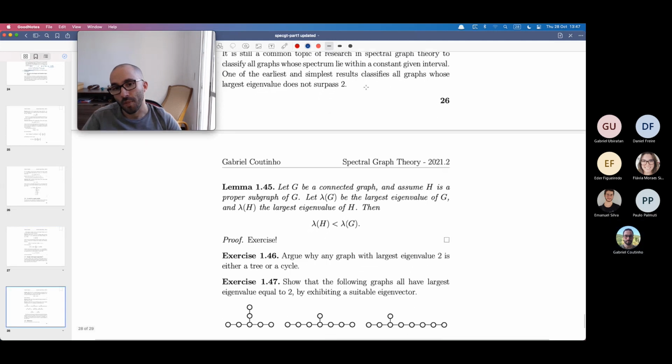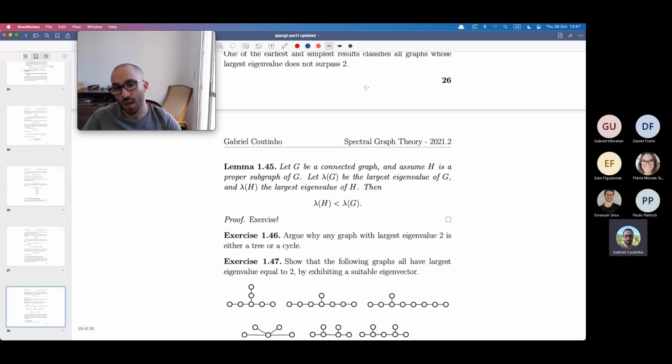Now, the first lemma ties in with the topic of last class, and it's a result which is typically stated as part of the Perron-Frobenius theory, except that I left this result for today's class. And the result is this.